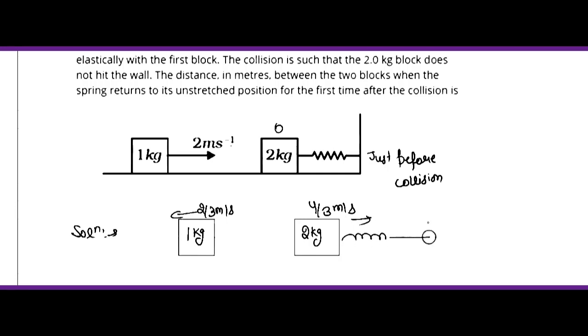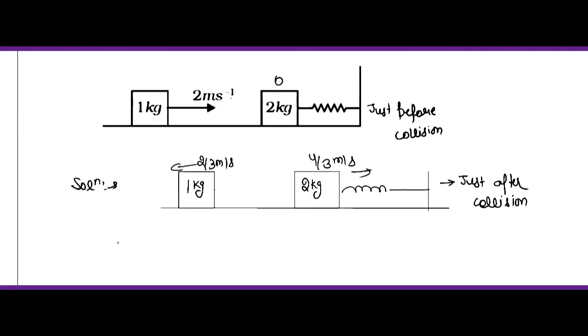And from this we can write the time period equals 2 pi under root m by k, where m is the mass and k is the spring constant.